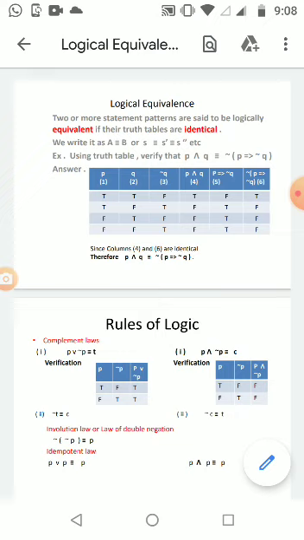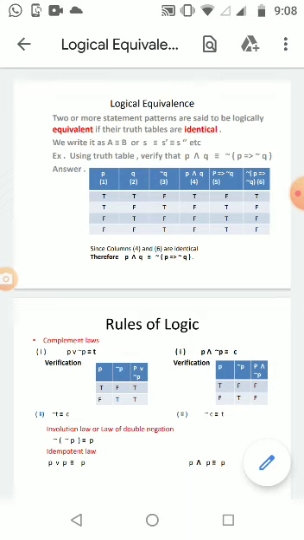So in the first example we have this rule which shows that P and Q is equivalent to negation of P implies not Q. Now last time we saw how to prepare a truth table. How many component statements do we have? Two component statements, P and Q. So the number of rows is equal to 4.